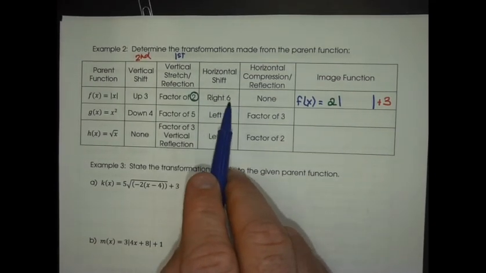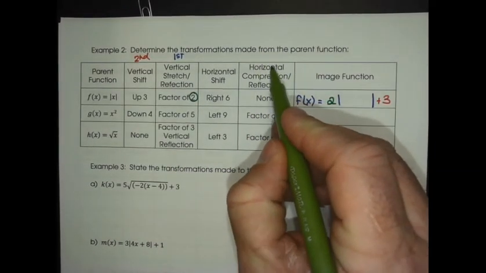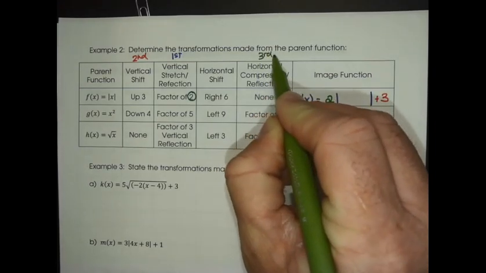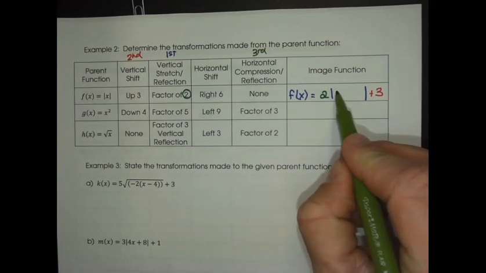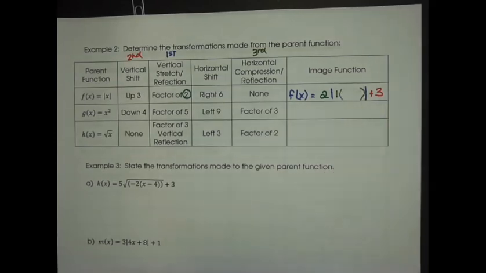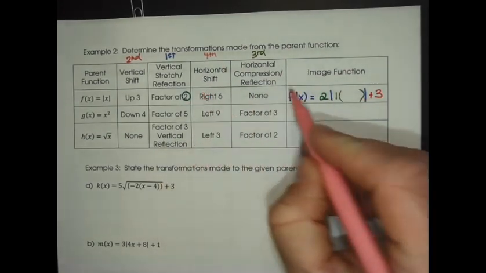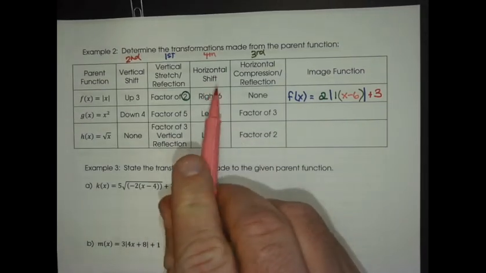And if we were moving this right, first of all, I'd probably do the K value third. Here we have no K value, so that K value will be just 1. And then right 6, that would be the opposite sign, so it would be x minus 6.